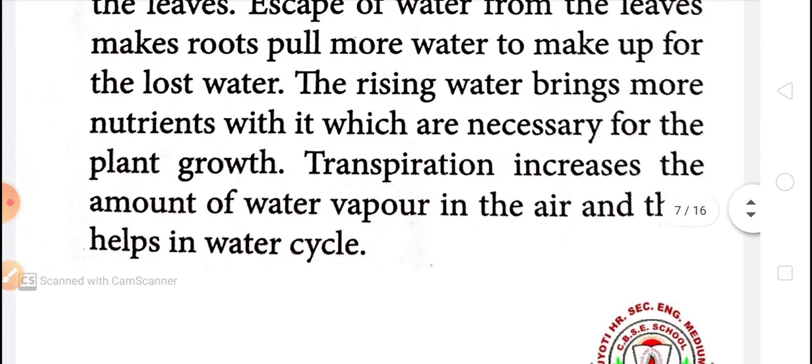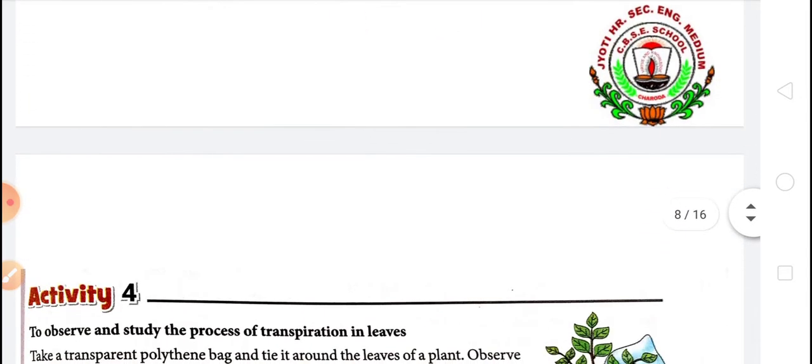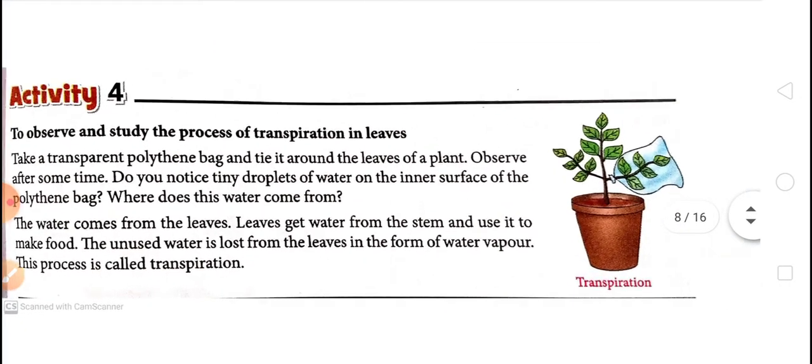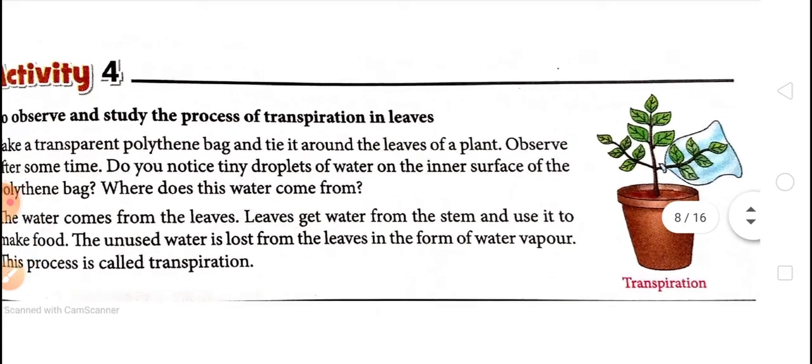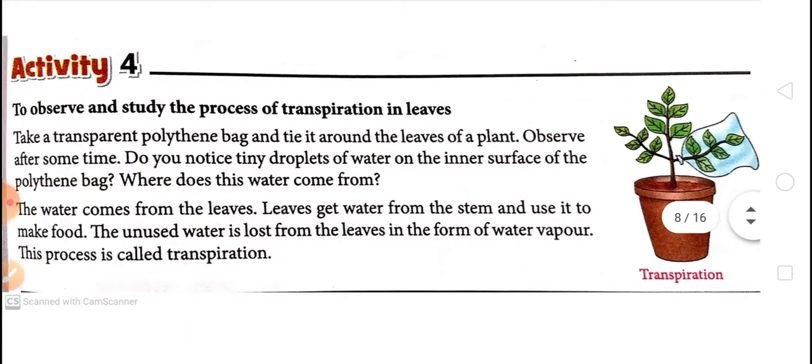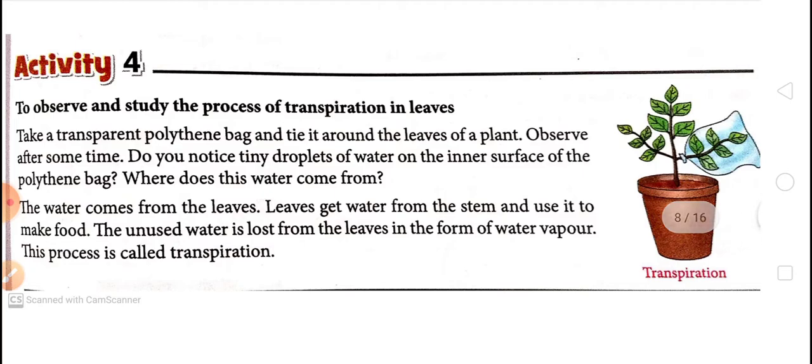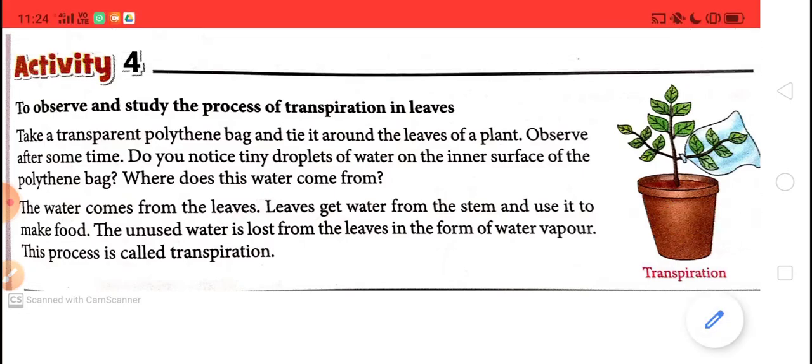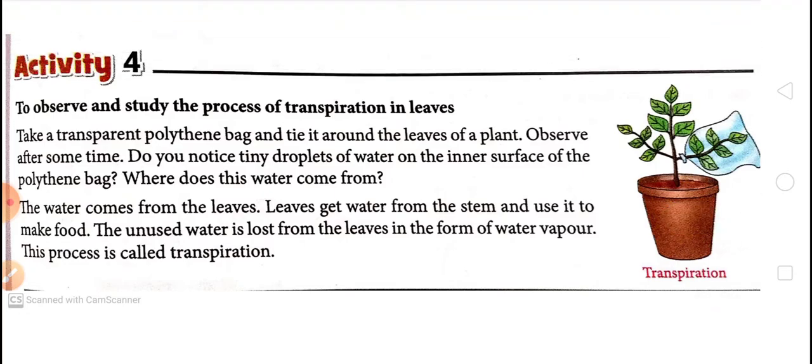Okay, to understand what transpiration is, we will do one activity. You can do this activity at home even. It's a very simple activity, and through it we can observe and study the process of transpiration in leaves.